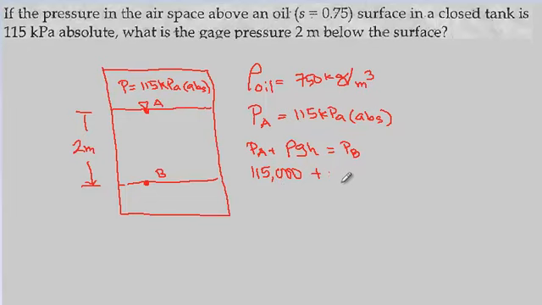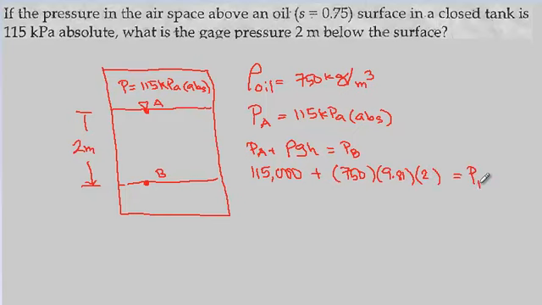115,000 plus rho, which in this case is 750, because it's given that S is 0.75, you multiply that by the density of water. 750 times 9.81 times h, where h is the depth, 2 meters lower, and that gives PB.